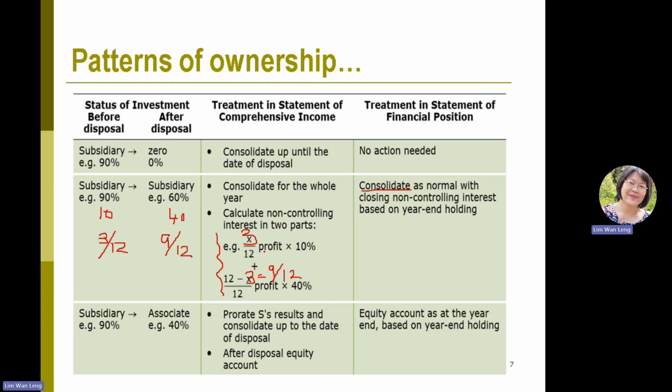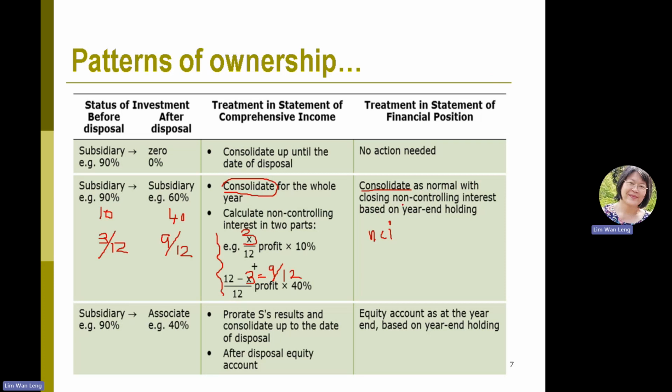So when you want to attribute the profit at the consolidated SOPL, you have to break it into 2 time frames. Of course, since the status did not change, you just consolidate for the whole year, just H plus S. Then in the consolidated SOFP, also H plus S. But remember, when you want to compute the NCI, what did they say?